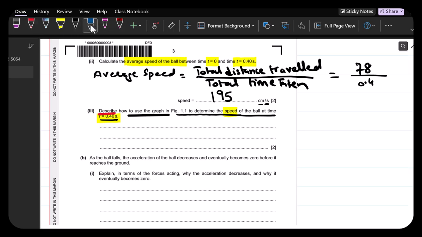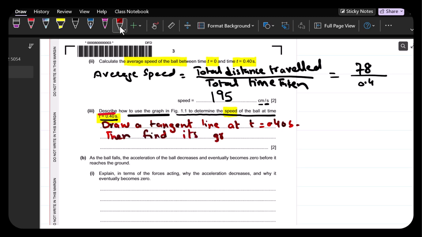So what you are going to do, draw a tangent line at time 0.40 seconds, then find its gradient. You will be getting the speed.